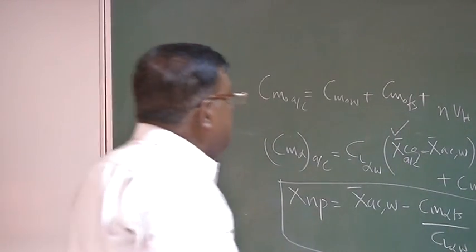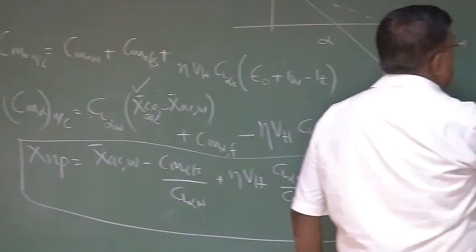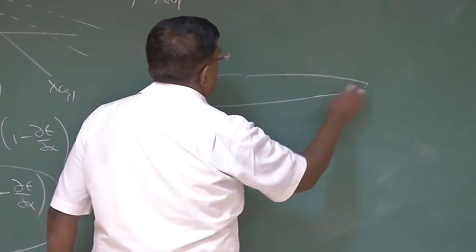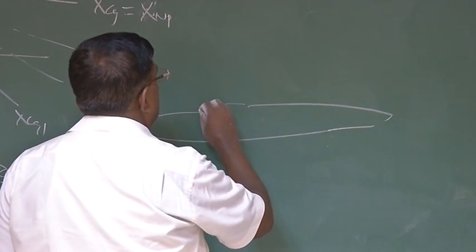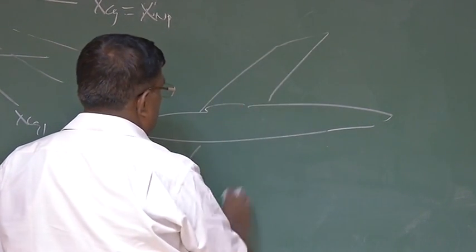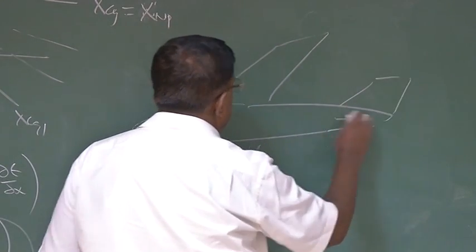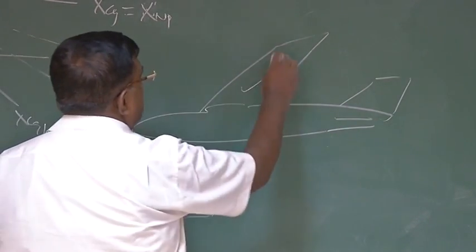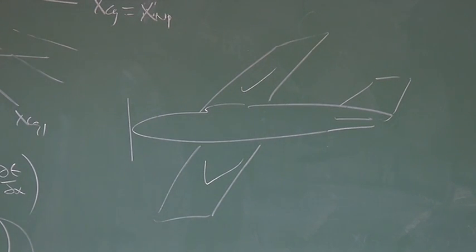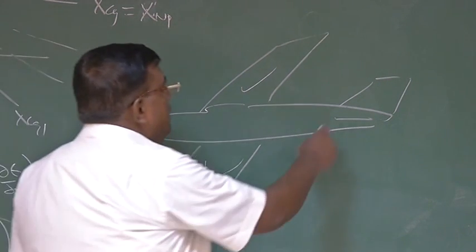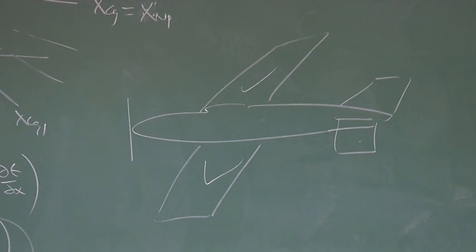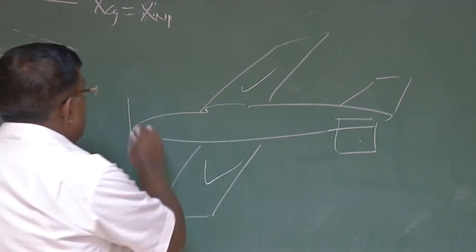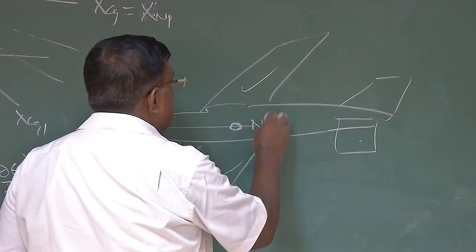So for example, for a given layout, if this is the airplane, depending on what is the CL alpha of the wing, what is the CL alpha of the tail, where it is located, on this aerodynamic aspects related to the size, shape, etc., neutral point is decided. Neutral point, let's say, is coming somewhere here.